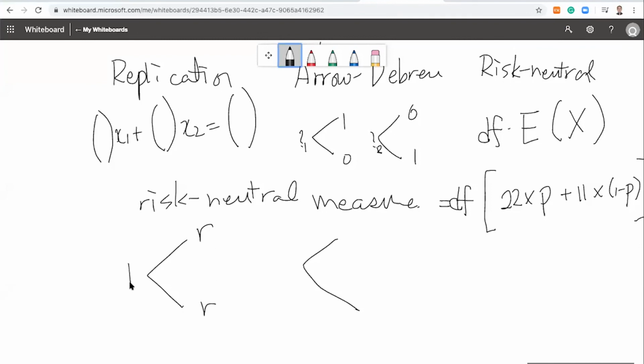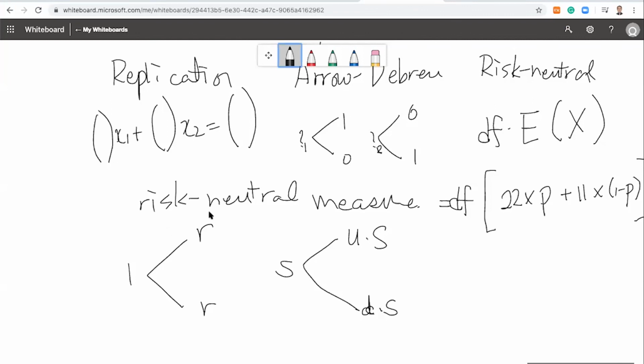Let me use the CRR example, with the bond and the stock S. For usual people like you and me, we have our own probability of getting the up state or the down state. But the risk neutral person also has his own probability.